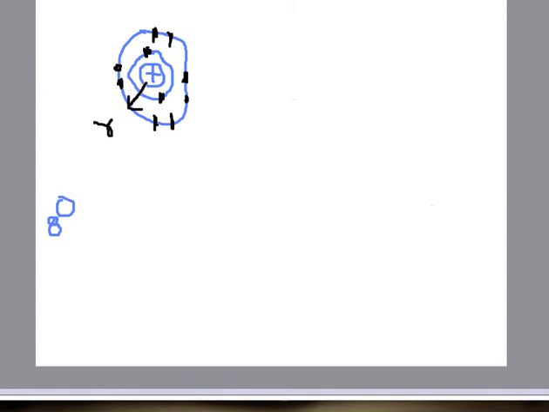If we consider sulfur, which has the atomic number 16, now what happens? This is the nucleus, this is the first orbit, consisting of two electrons.